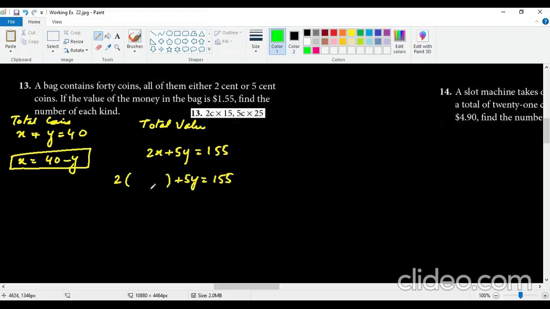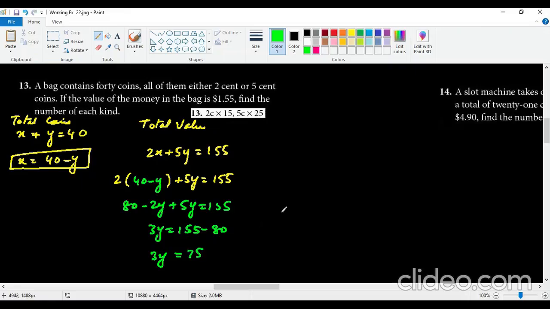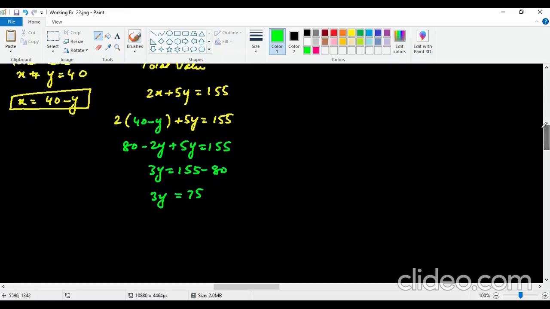This gives us 80 minus 2y plus 5y equals 155. In here, this is going to become 3y equals 155 minus 80, which is going to become 3y equals 75. So y equals 75 divided by 3.